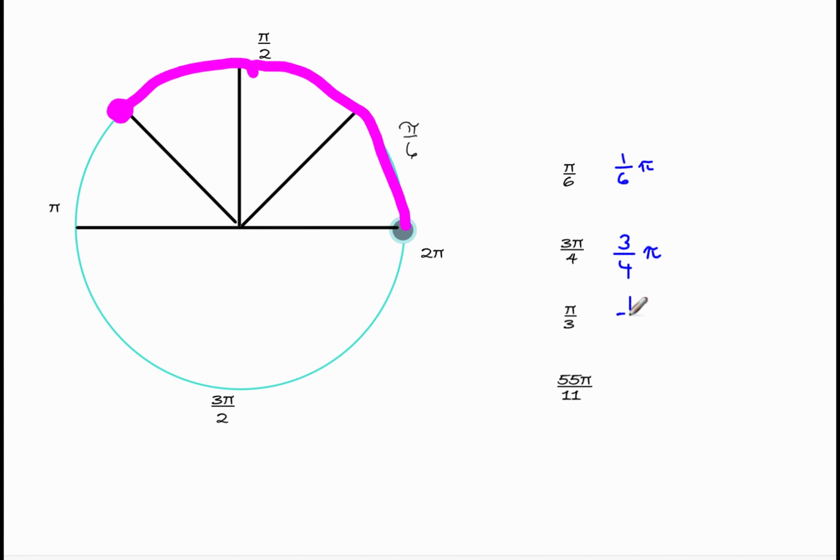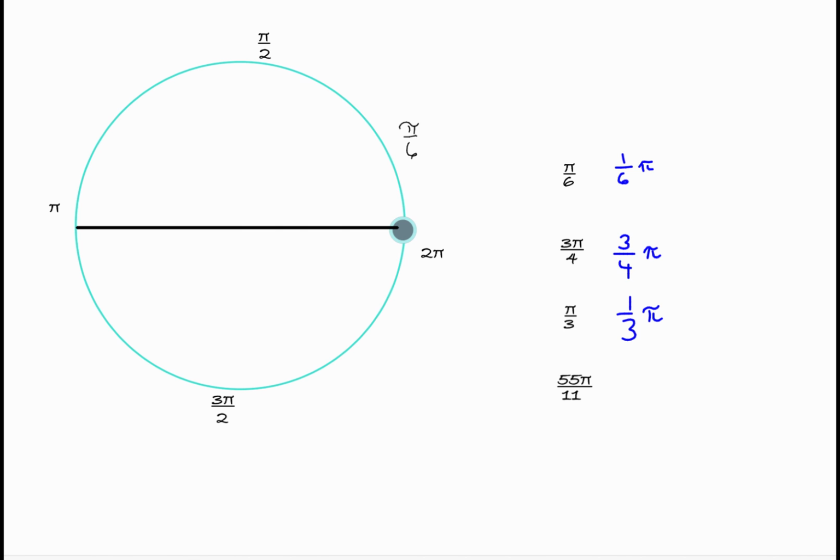This one wants to be 1/3 of pi. Right, that means I'm going to take this and divide it into 3 parts. 1, 2, 3, and then obviously I want to go 1/3 of the way. So that's 1/3 of the way of pi.